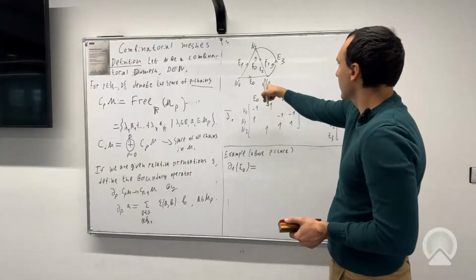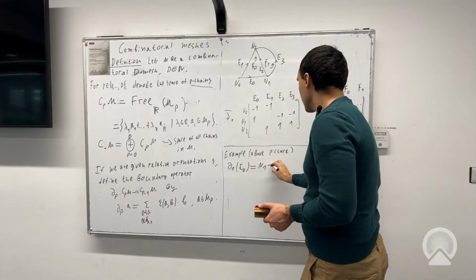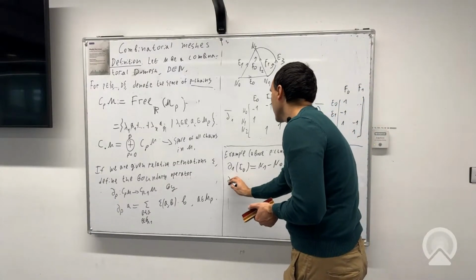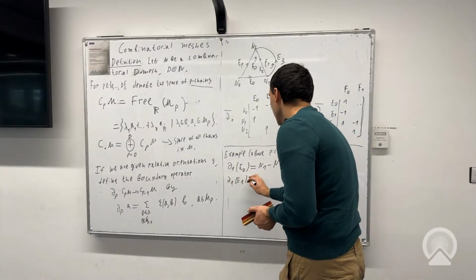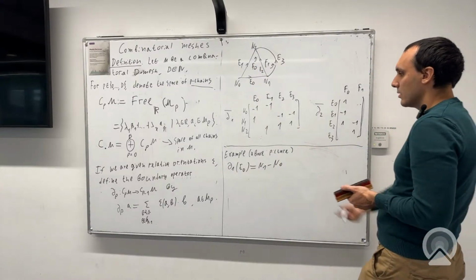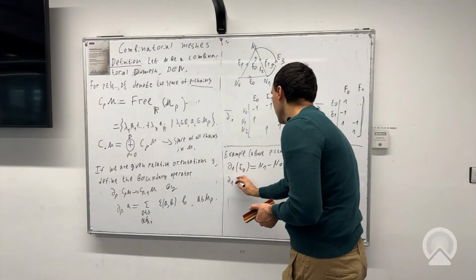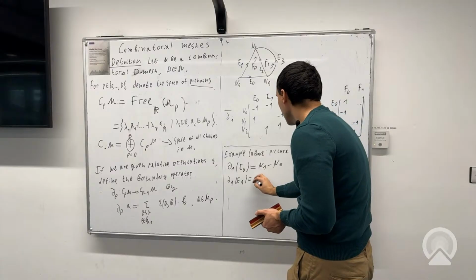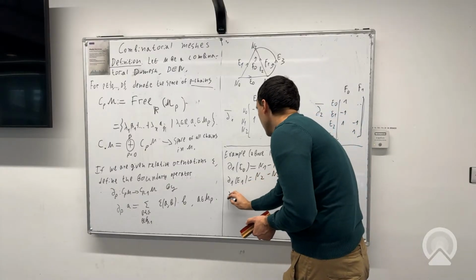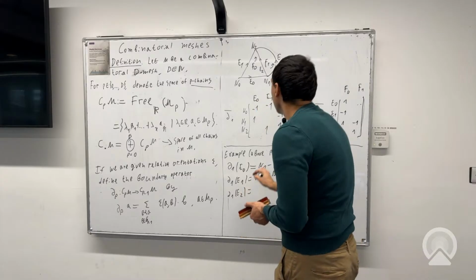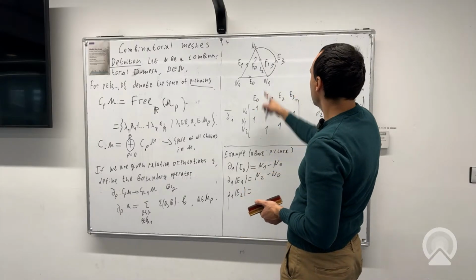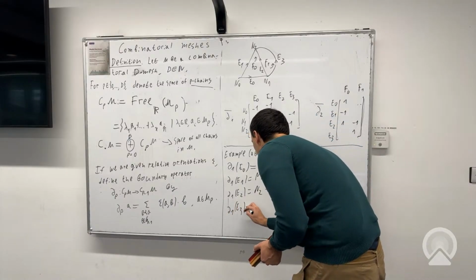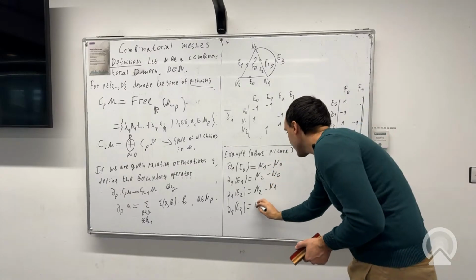So this will be N_1 minus N_0. So this is a formal combination of cells. d_1 of E_1 is N_2 minus N_0. d_1 of E_2 is N_2 minus N_1. And d_1 of E_3 is again N_2 minus N_1.